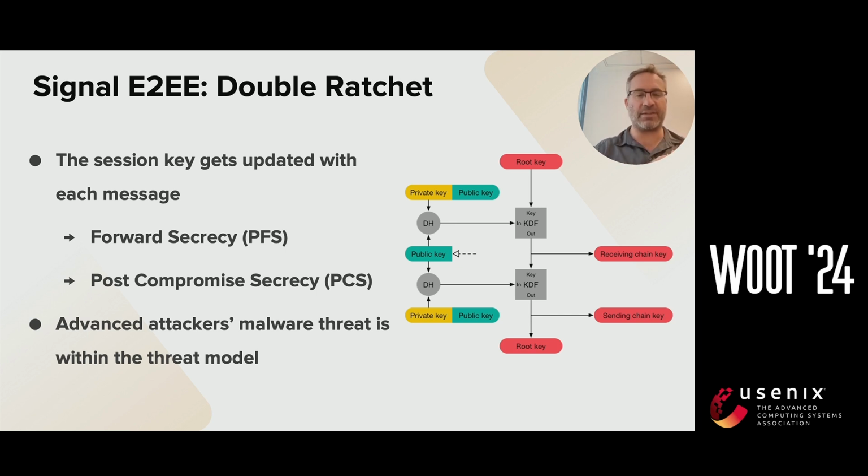The Signal protocol addresses that issue, and even if malware is present on the mobile device, it can only do harm and decrypt the session while it's on the device, not sessions before, and not messages in this session before or afterwards, because the keys are always updated in ways that the attacker cannot track if they are not present on the device.